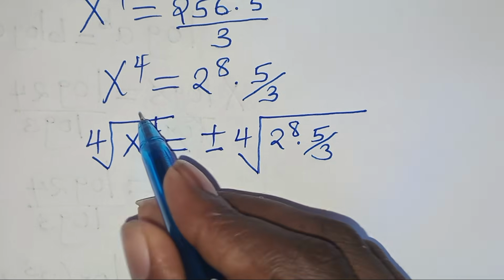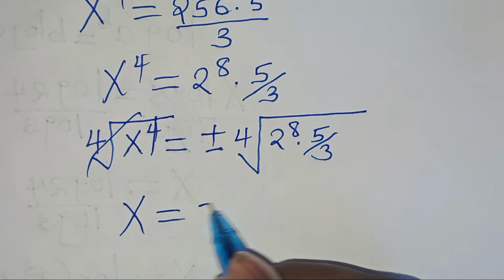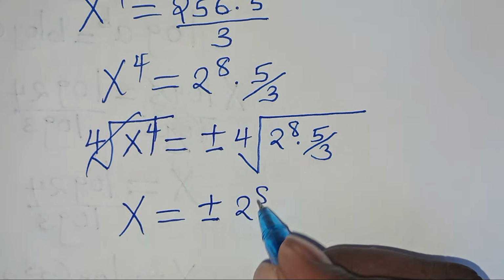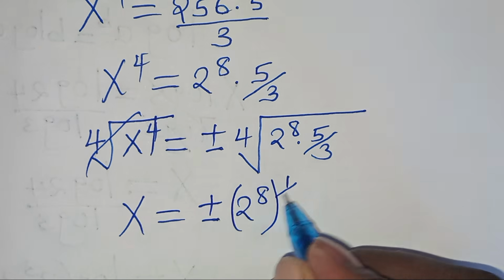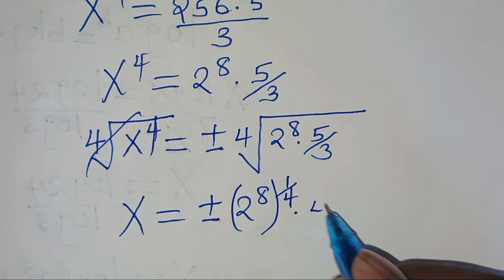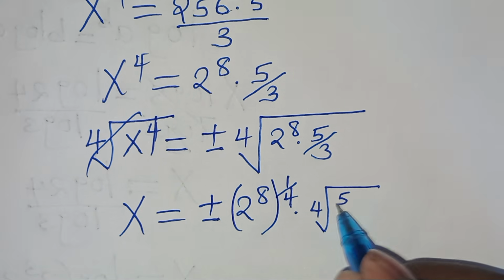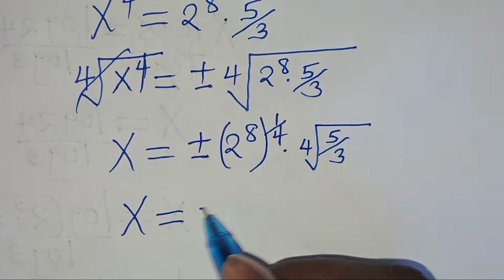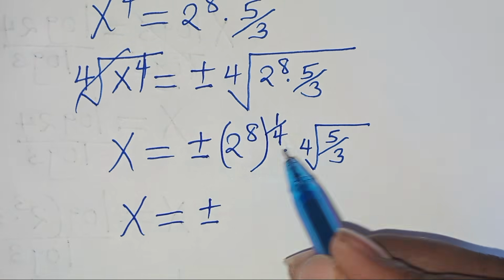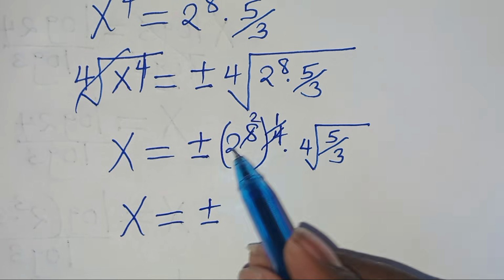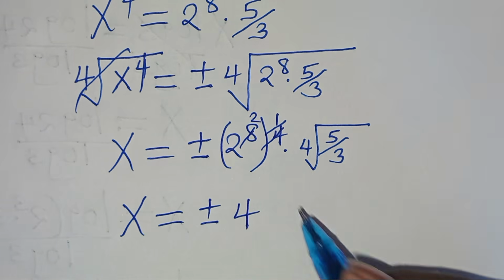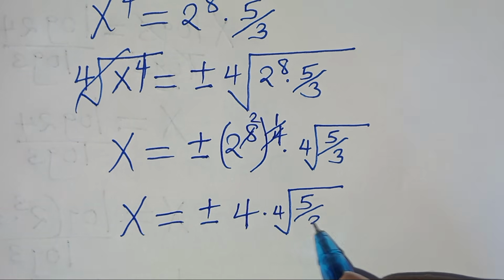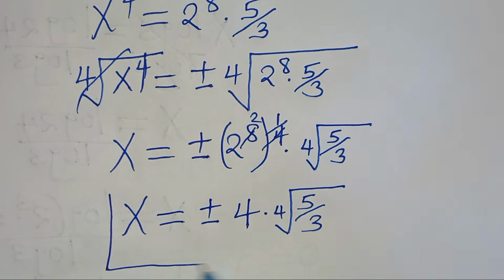So x is equal to plus or minus 2 to the power of 8 raised to the power of 1 over 4 multiplied by the fourth root of 5 over 3. Now x is plus or minus 8 divided by 4, this is 2, so we have 2 to the power of 2, this is 4, multiplied by the fourth root of 5 over 3. So this is the value of x.